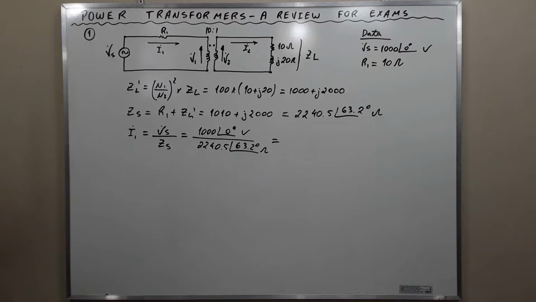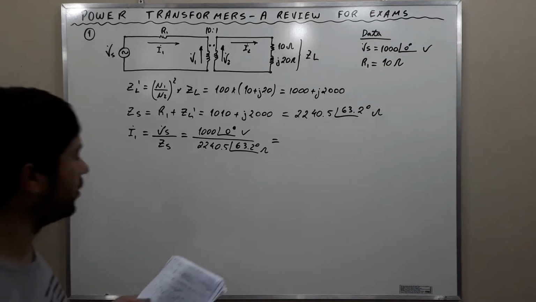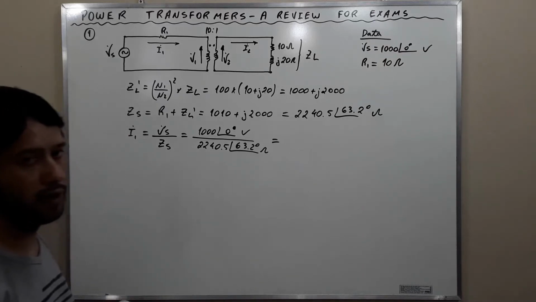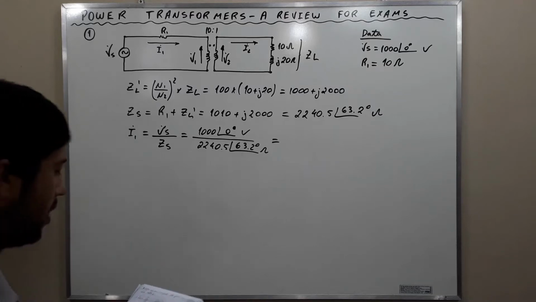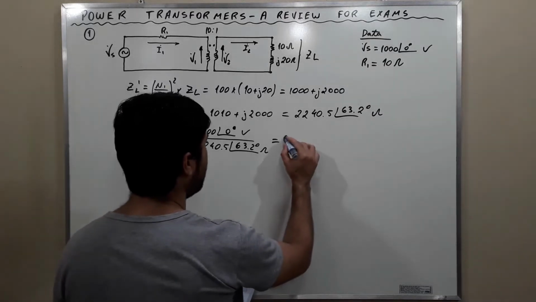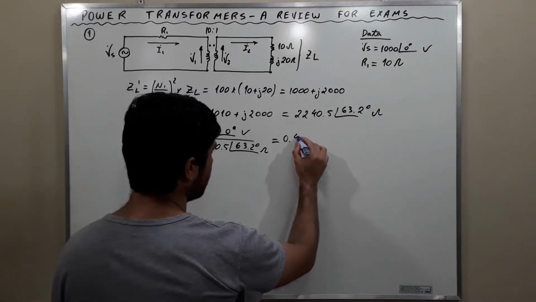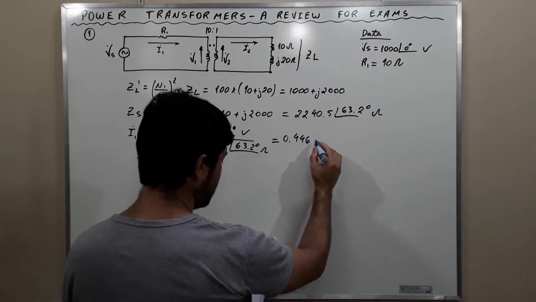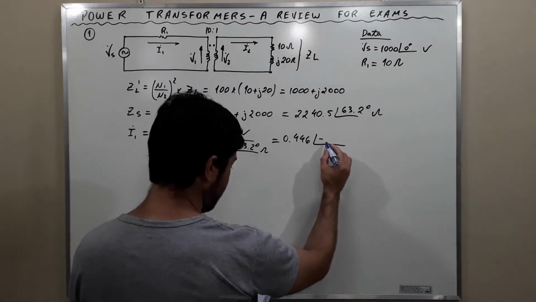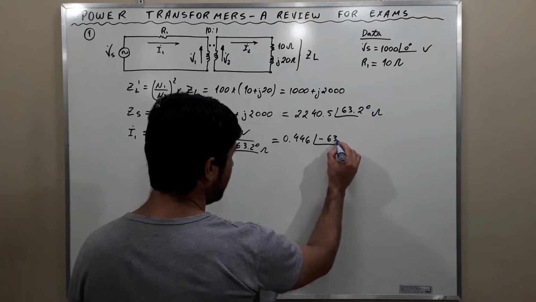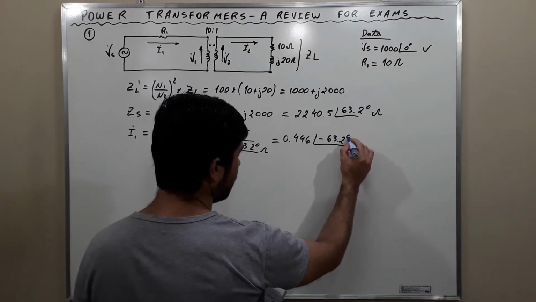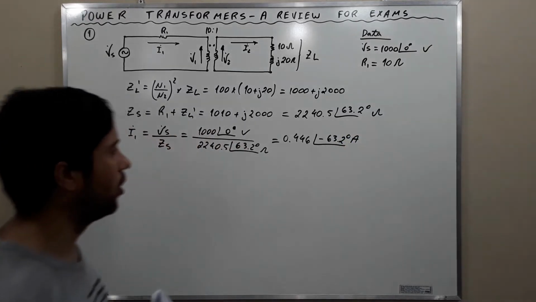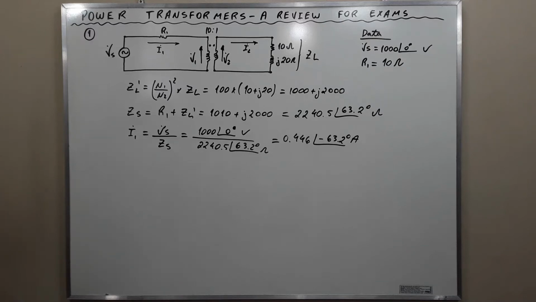Consequently, the value of the input current, or the primary current, is 0.446 phase negative 63.2 degrees amperes.